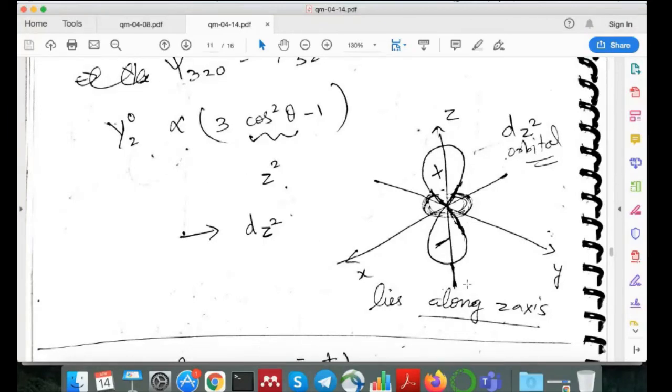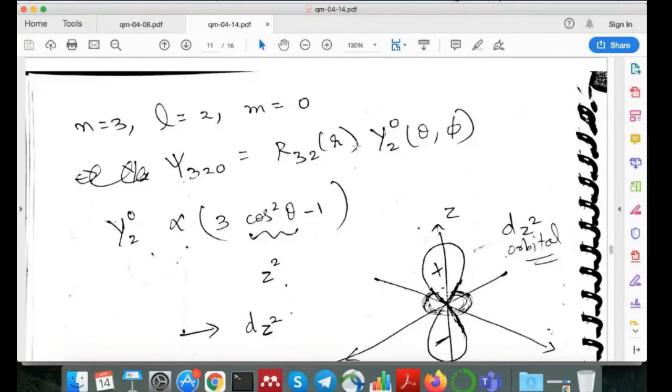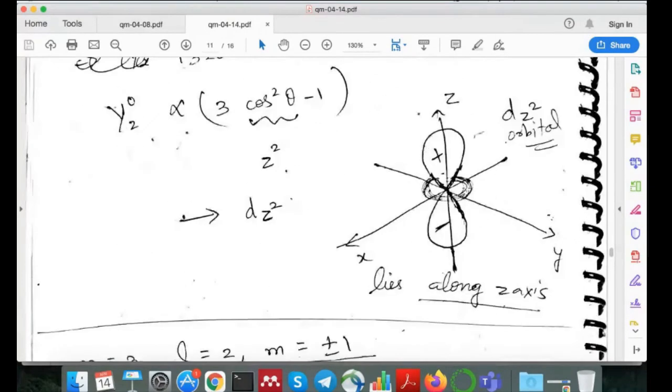This particular orbital represents your dz square orbital, and I've drawn it here. This dz square orbital lies along the z axis, which you are already well aware of, but we are drawing it again here.